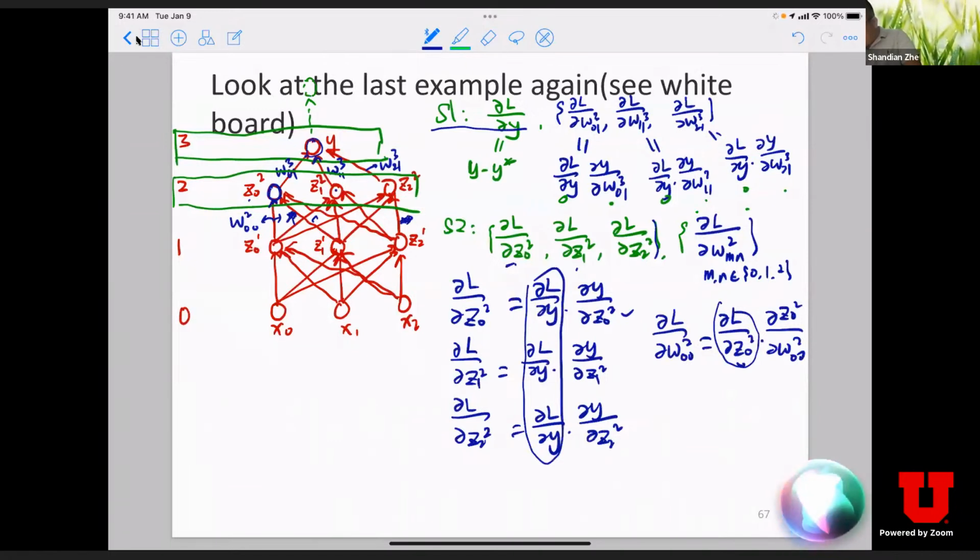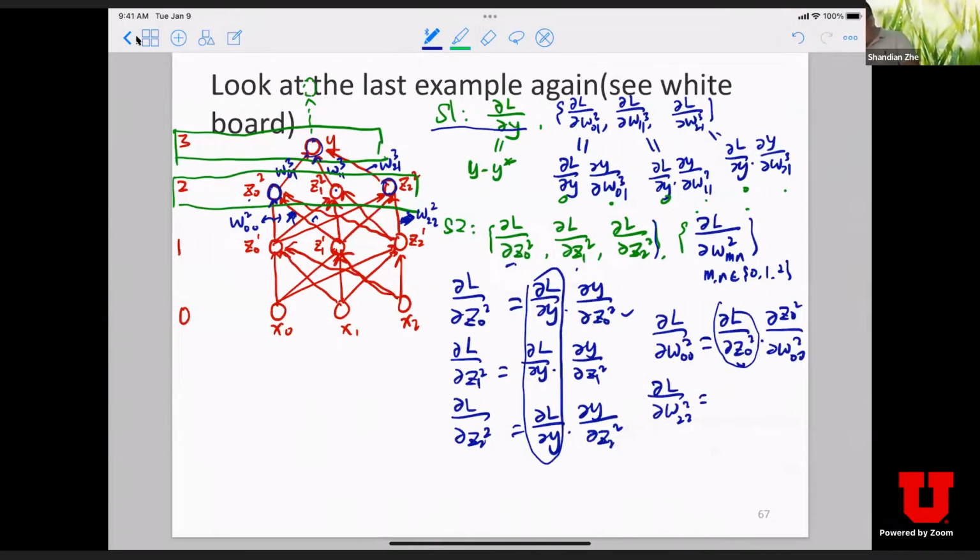Say some weights here, like W222, right? If you want to compute partial L over partial W222, how do you do that? Which node does it point to? This one, right?